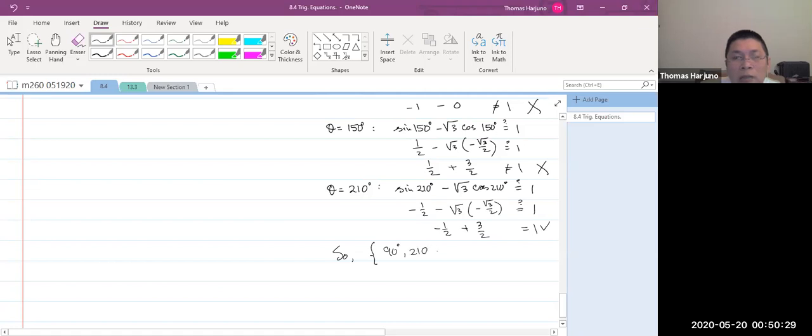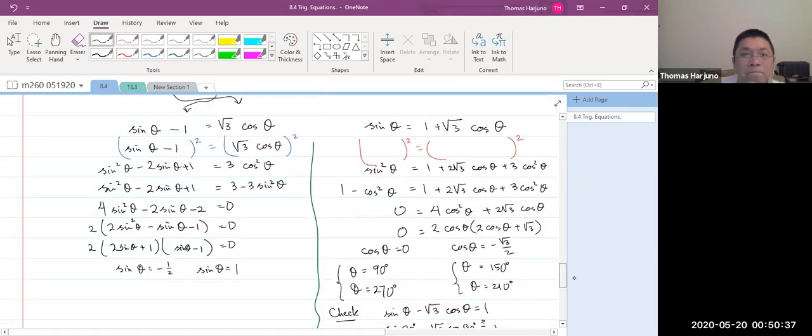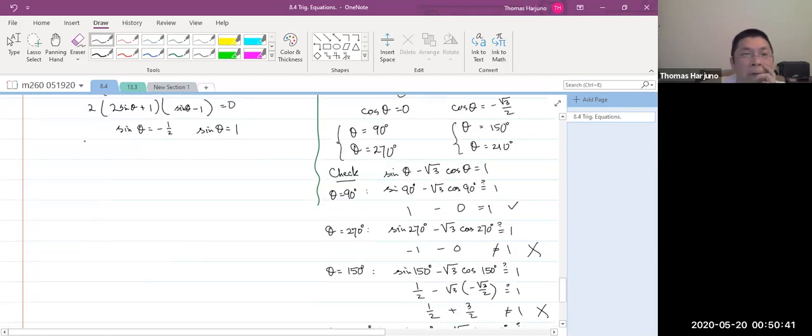Is it right? Okay. What slows us down a lot is actually the checking, especially because we have 4 solutions here. Now, if you do the one on the left-hand side, then theta equals 210 degrees and 330 degrees, and theta equals 90 degrees.